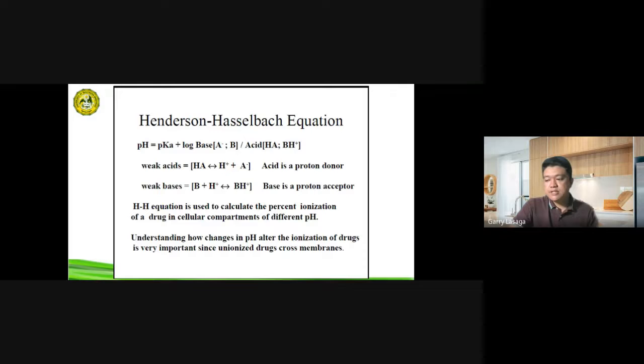Another is the, what other component? The milk. The milk, for example, has a different fluid pH as compared to the plasma. So the pH of the different fluid compartments, or the different cellular compartments, could influence the degree, the percent of ionization of a particular drug.